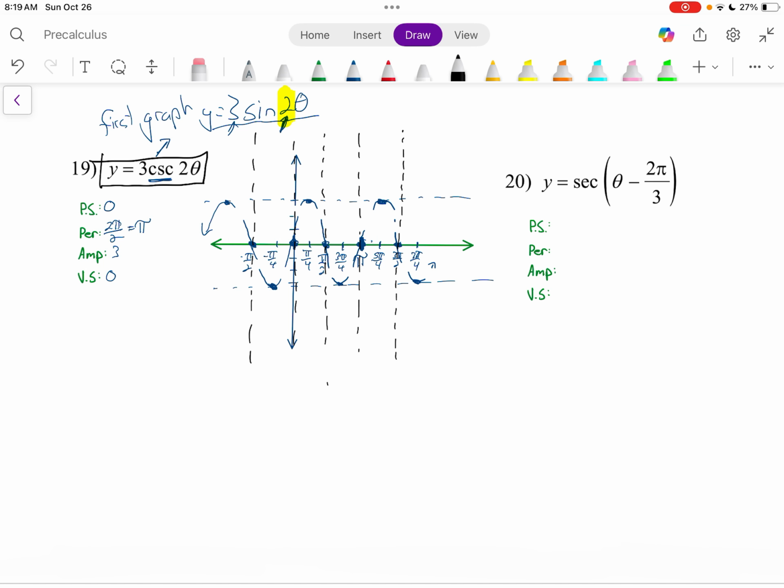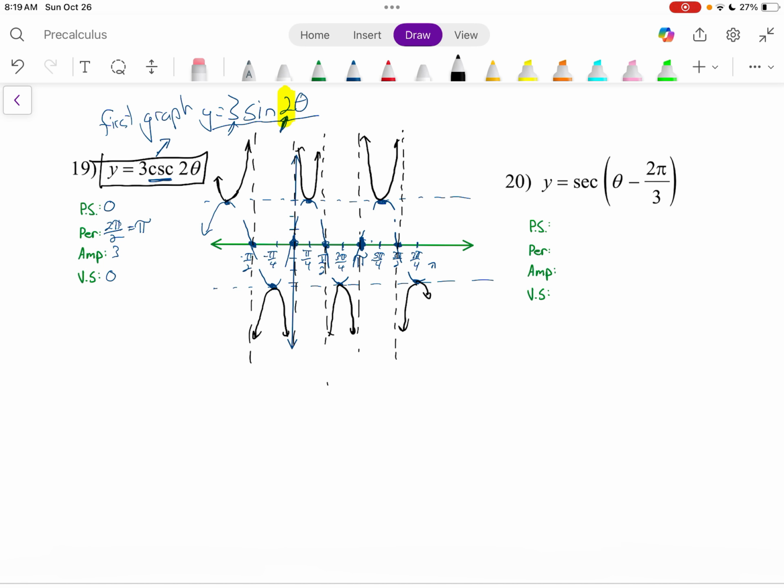So we put in those vertical asymptotes, and then we do the reciprocals, which ends up being this U shape and an upside down U. Remember, these hit the sine graph at the peaks and valleys. And so there is the graph of y equals 3 cosecant 2 theta.